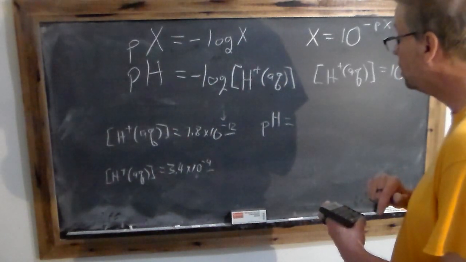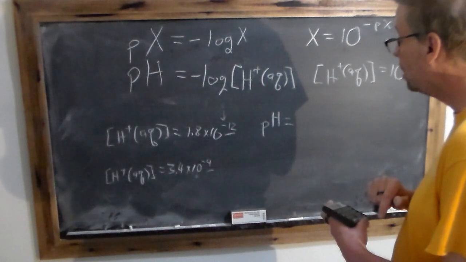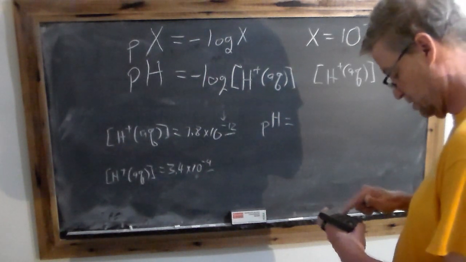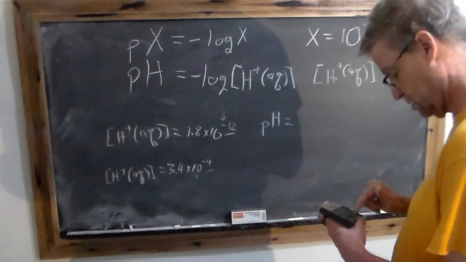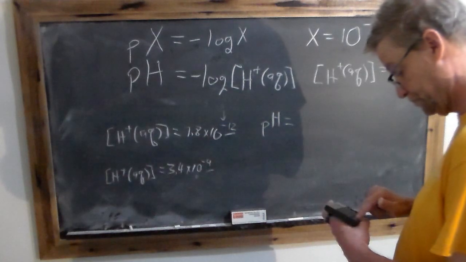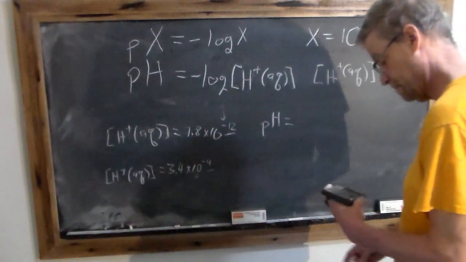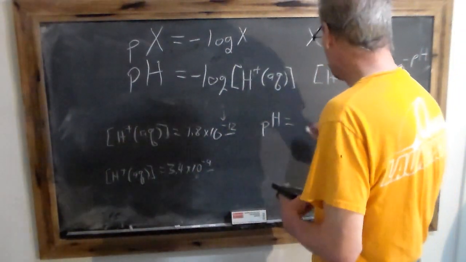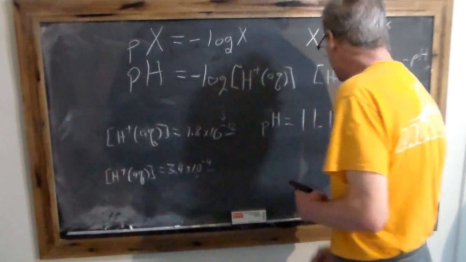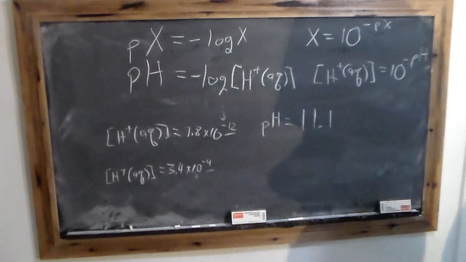That is wrong. Oh, what an idiot I am. That's all right. You can call me an idiot. This is 11.1. Like I said, not exactly equal to 12, but close to it.